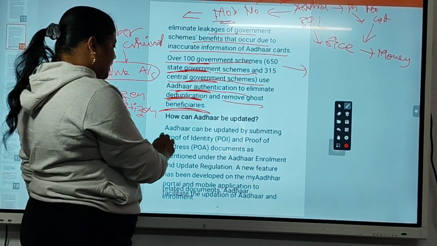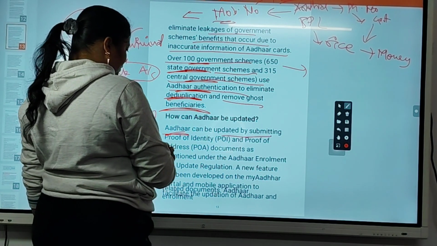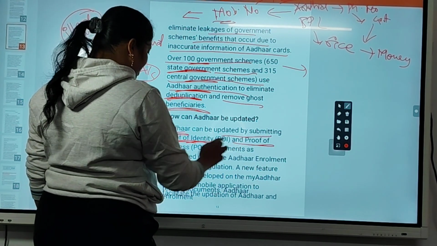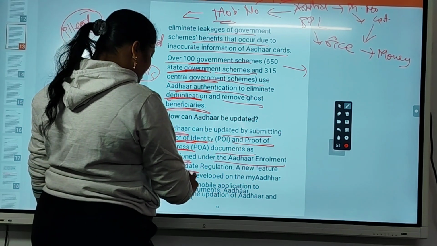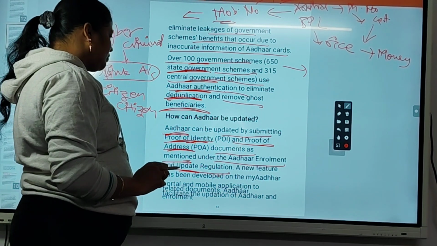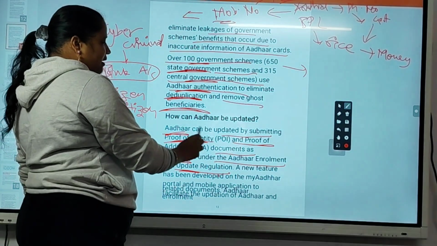Okay, so Aadhaar can be updated by submitting proof of identity and proof of address documents as mentioned under the Aadhaar enrollment update regulation.